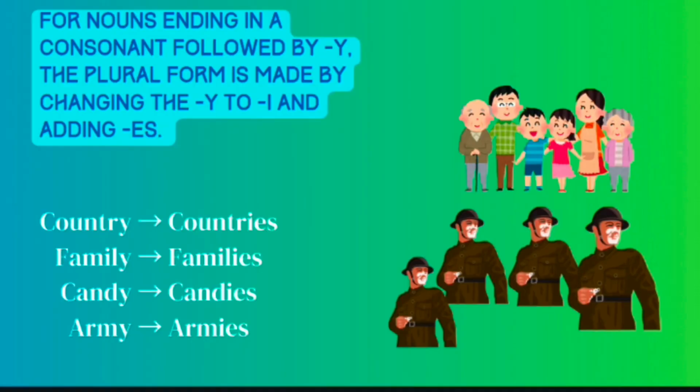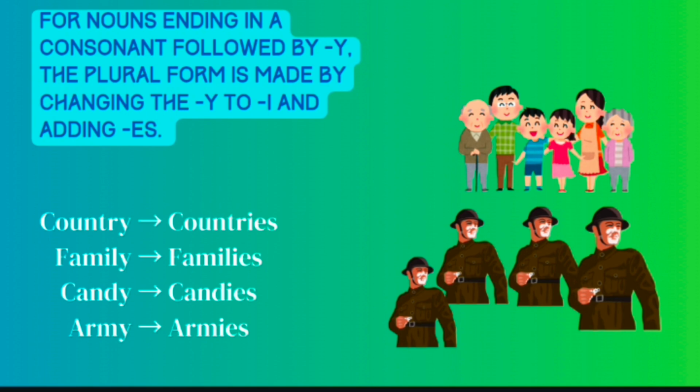For nouns ending in a consonant followed by y, the plural form is made by changing the y to i and adding es. In the English dictionary, you will find many words that end with y. Now, in order to convert these singular nouns to plural ones, you will have to follow this rule.